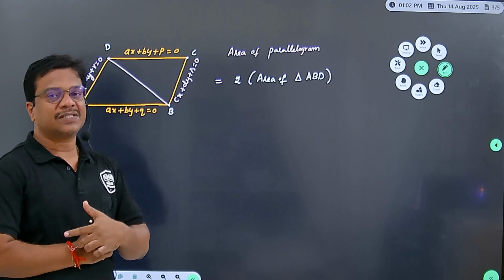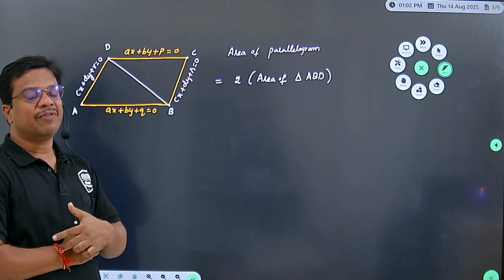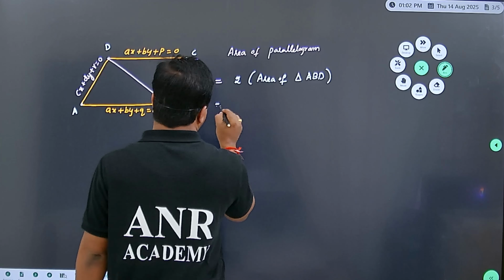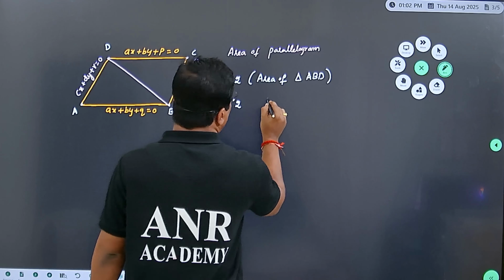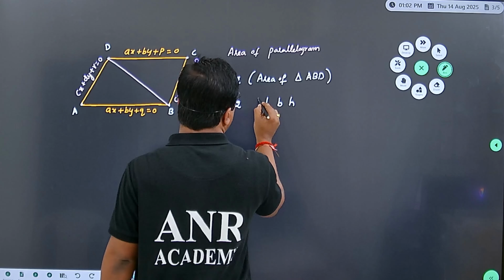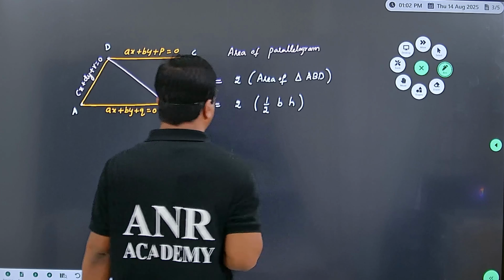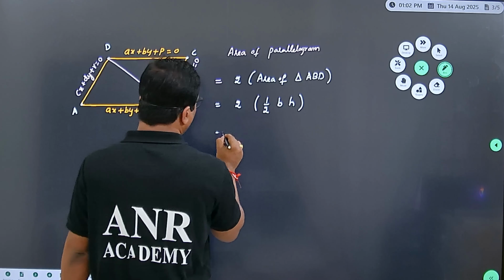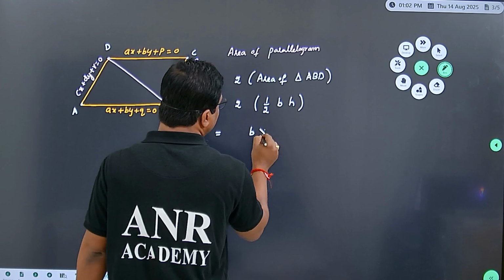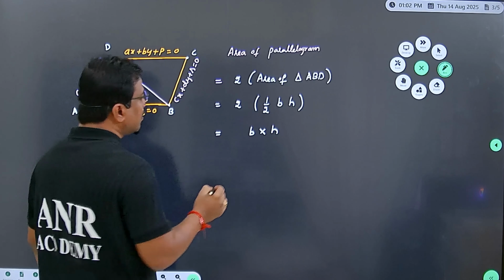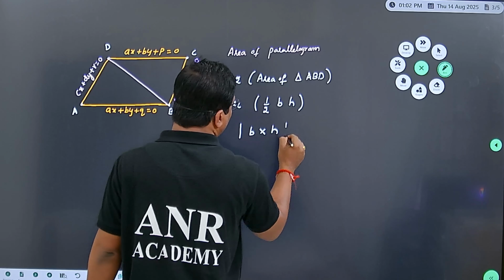You know the area of the triangle? A simple formula: half into base into height. The 2 gets cancelled and we get base into height, and the result must be positive, so I am going to put the modulus sign.